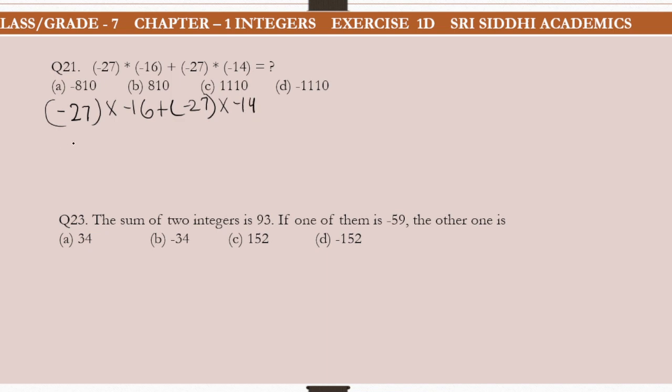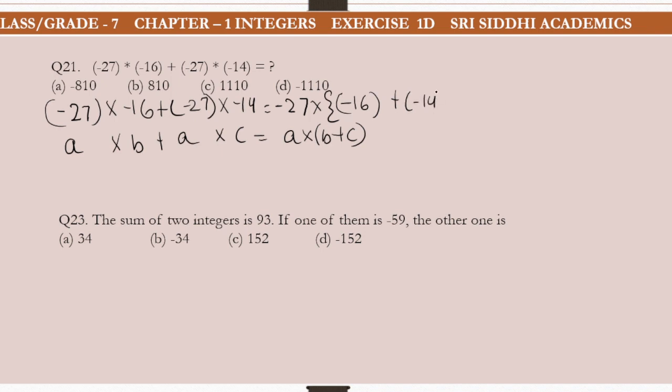It is in the form of A into B plus A into C. So A into B plus C. So here I'll write minus 27 outside the bracket, and within the bracket I will write minus 16 plus minus 14.